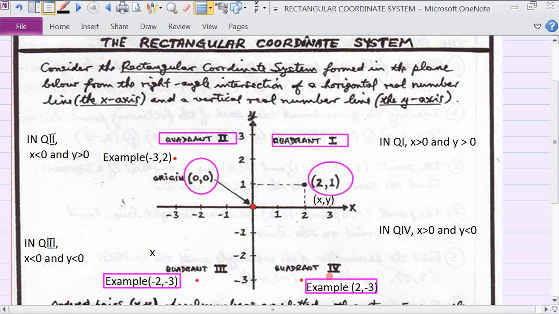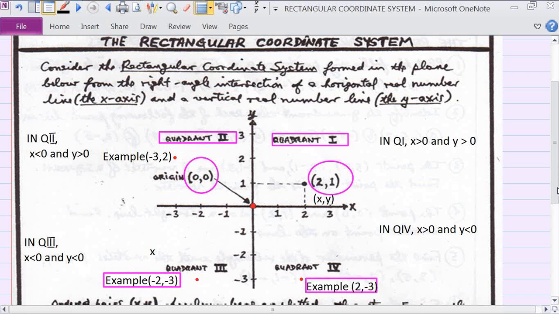I'll explain exactly how we get each of those values. Let's take the last point, (2, -3), which tells us that x is 2. So I go out 1, 2, and y is -3: -1, -2, -3. So this is the point (2, -3), which means that x equals 2 and y equals -3.